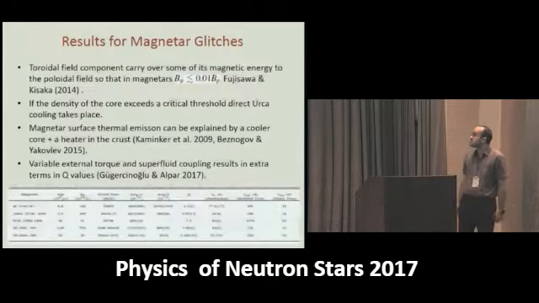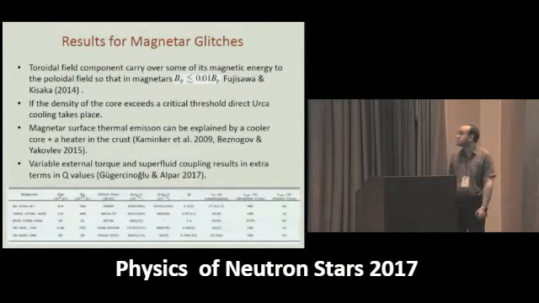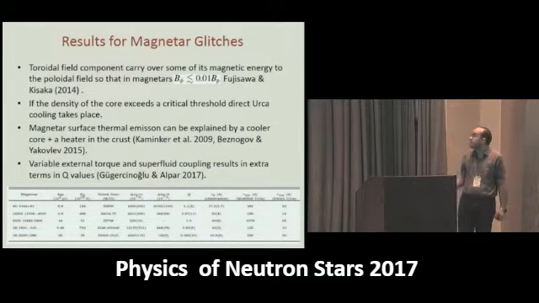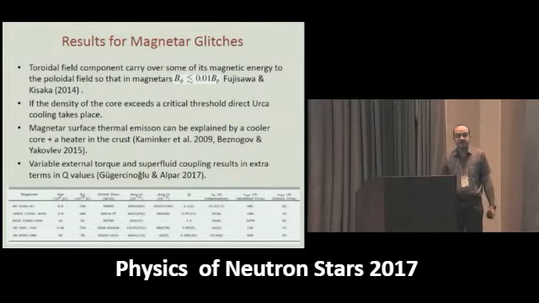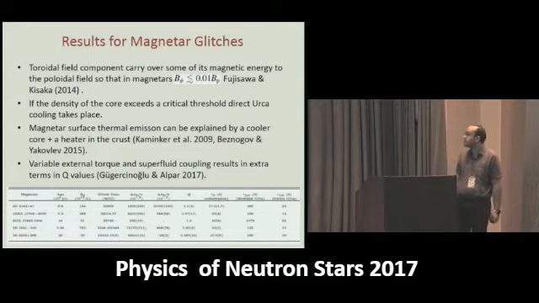Here are my results for magnetar glitches. Due to the Hall drift assisted field decay in magnetars, the toroidal field component is about 1/100 of the poloidal field. So magnetars have lower toroidal field strength compared to their dipole field.